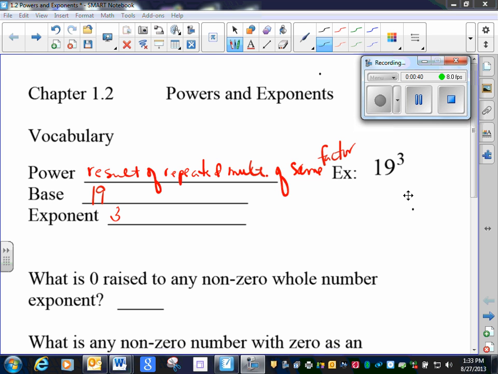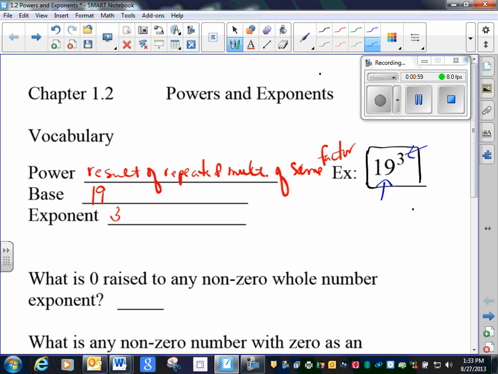We are going to talk about exponents in this particular section, and I've given you an example over here, 19 to the exponent of 3. In this particular example, the base is 19, the exponent is 3.